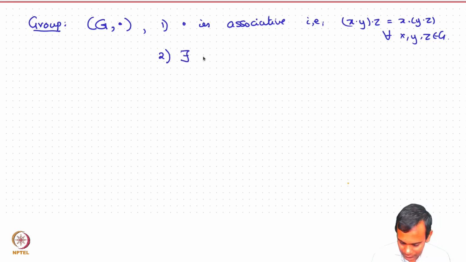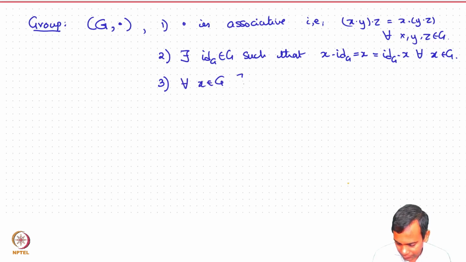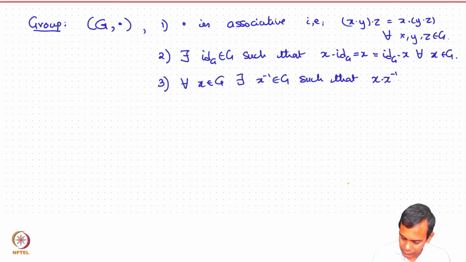There exists an identity in G such that X dot identity is equal to X, and that is also equal to identity dot X for all X in G. And the third axiom is the axiom of the inverse. So this is the associativity, identity, and inverse axiom. For every X in G, there exists X inverse in G such that X dot X inverse is equal to identity G, and that's also equal to X inverse dot X. So these are the axioms for a group.